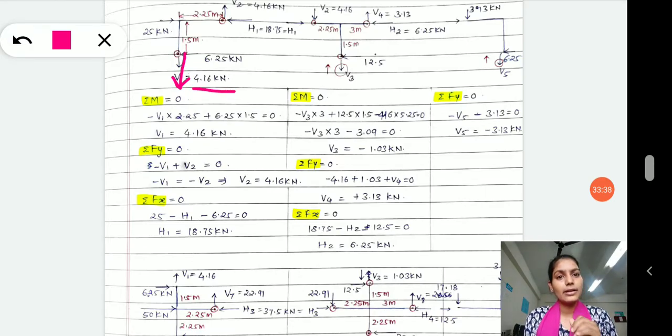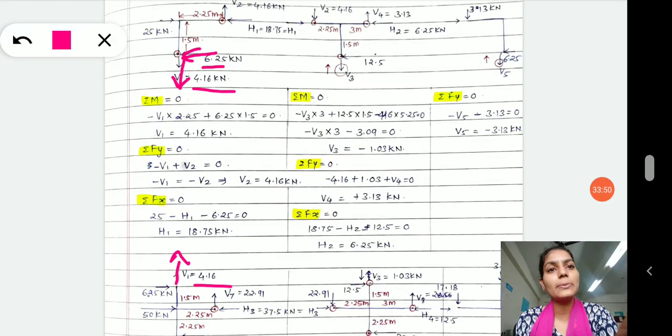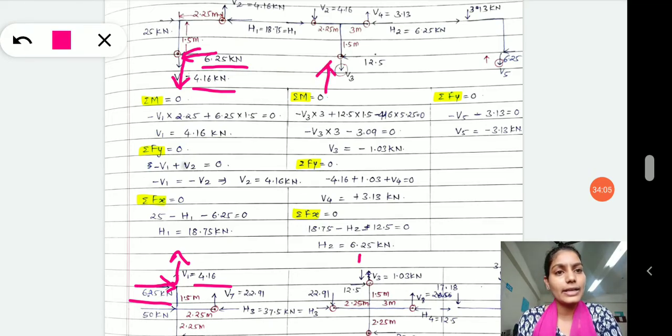It will act vertically upward with 4.16 magnitude, the same magnitude, opposite in direction. The horizontal force at this point was acting 6.25 kilonewton. So how will it act here? It will be in the opposite direction but of the same magnitude. Similarly, the vertical force acting upward here will act downward at this point with a magnitude of 1.03 kilonewton.